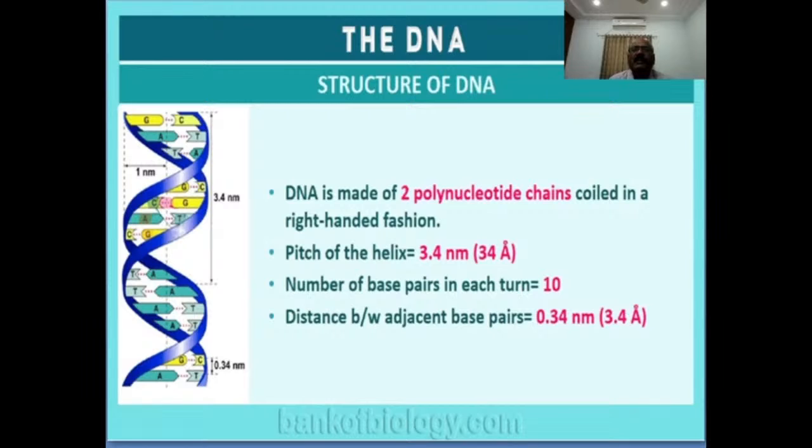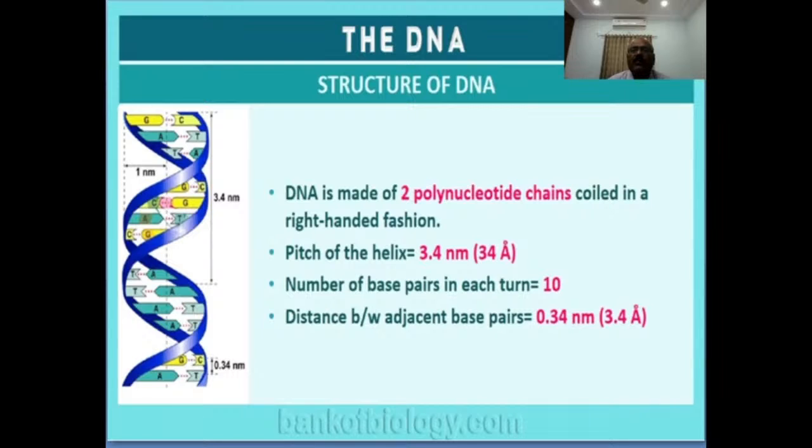DNA is made up of two polynucleotide chains coiled in a right-handed fashion. Pitch of the helix, the length, is 3.4 nanometers or 34 angstroms.